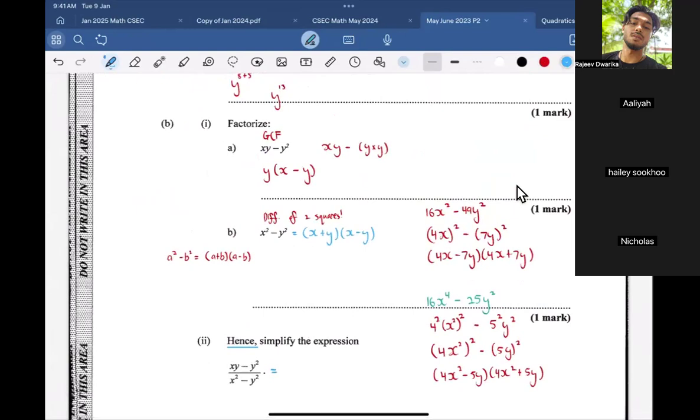So I'm gonna write that as y times x minus y. And what am I gonna write x squared minus y squared as? X plus y times x minus y.